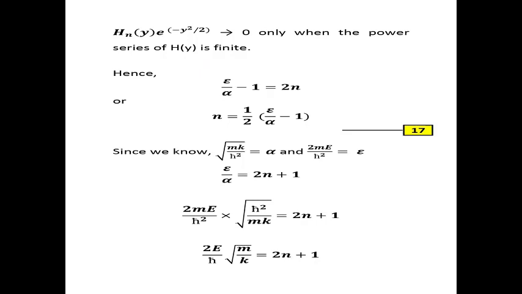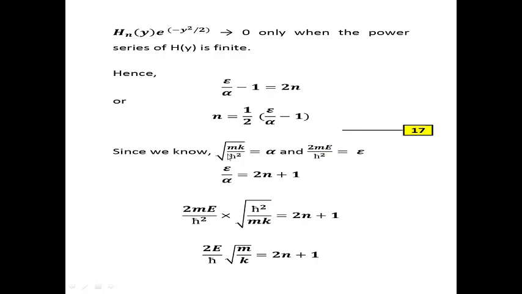Likewise, considering the case of epsilon divided by alpha minus 1 equal to 2n, from this term we can get the integral value of n equal to 1 by 2 times epsilon by alpha minus 1. That's equation number 17. Now we know the terms epsilon and alpha are already defined.